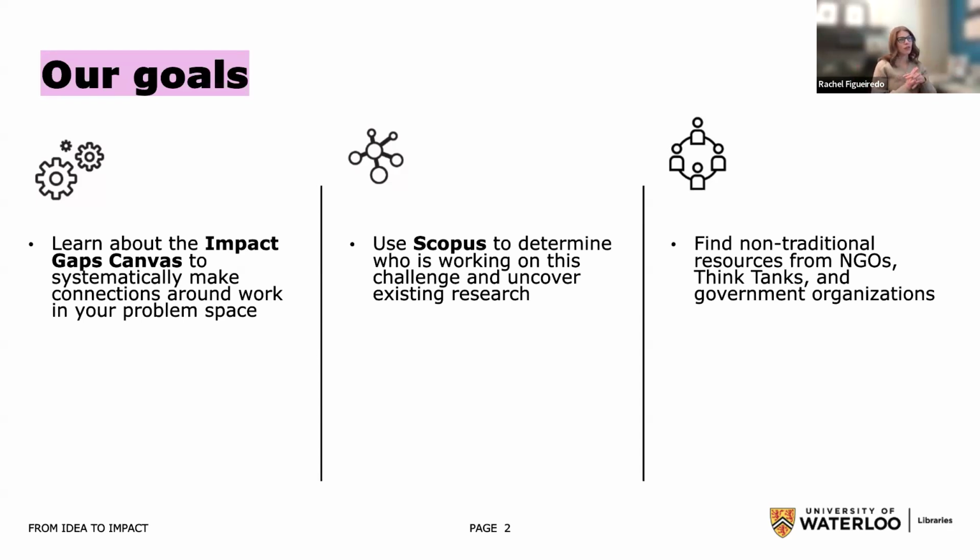We're also going to use some of our library information research tools, and I'm going to talk about a database called Scopus in particular today. And then lastly, we're going to talk about how to integrate some of the research tools that I'm sure you're already using and are familiar with, but prompting them and thinking in a different way to find non-traditional resources, things from NGOs or think tanks, governments, that kind of thing.